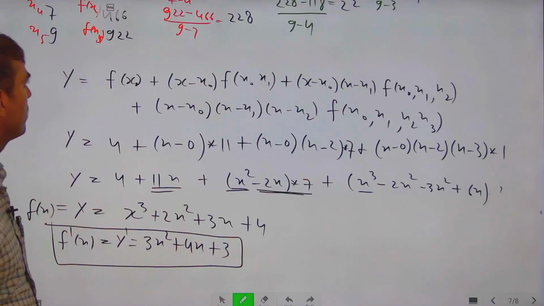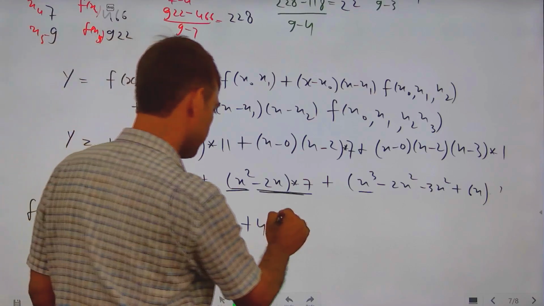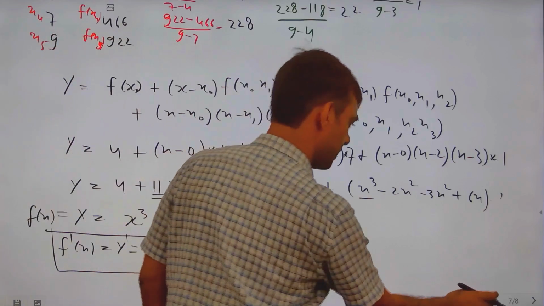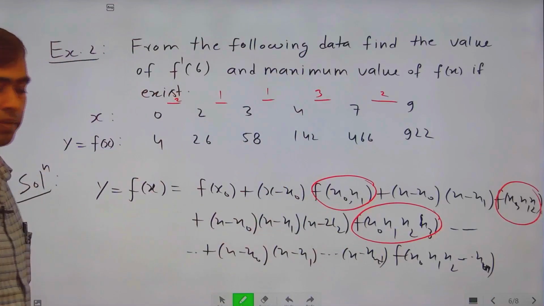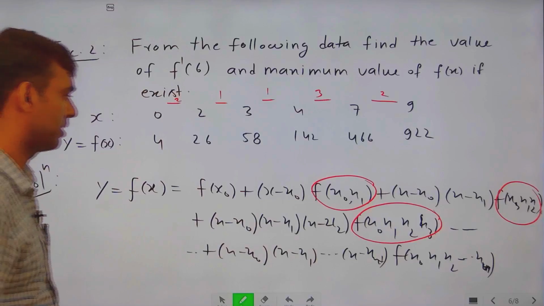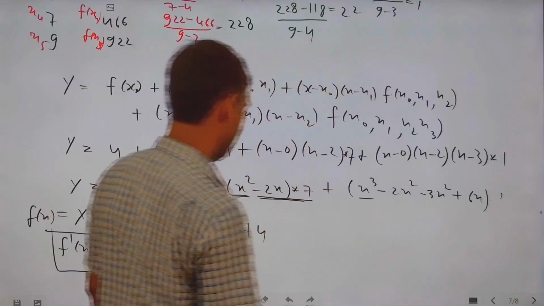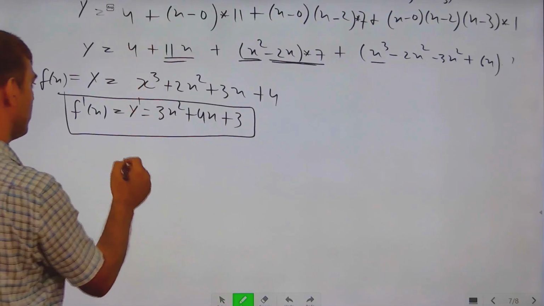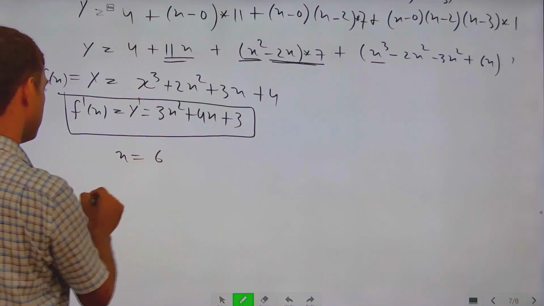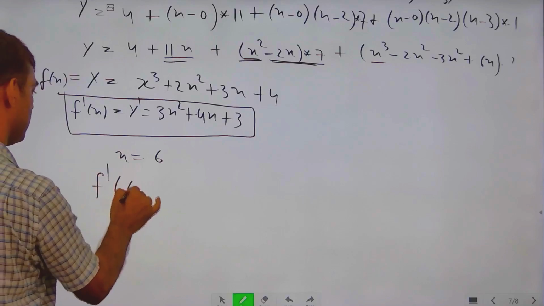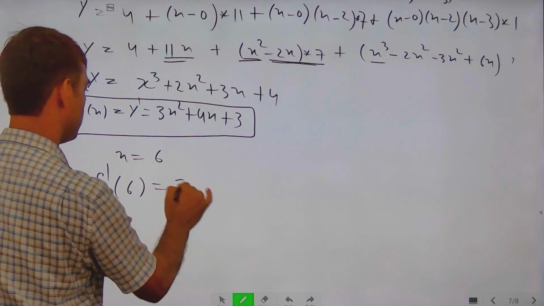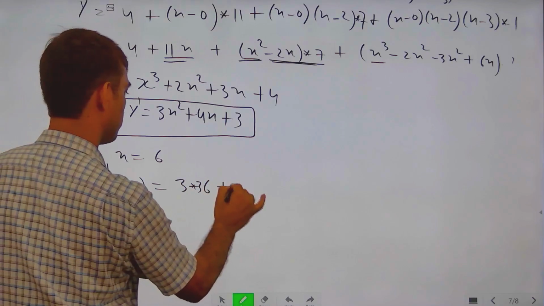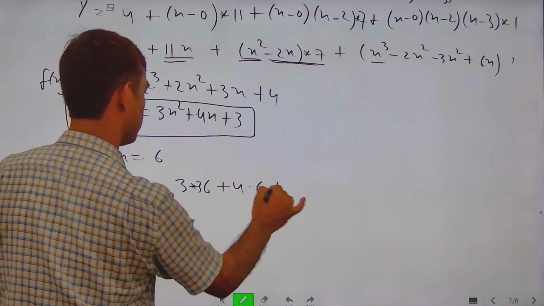In order to find the derivative at x equal to 6, we put x equal to 6. Then f dash 6 equals 3 into 6 square, which means 36, plus 4 into 6 plus 3.